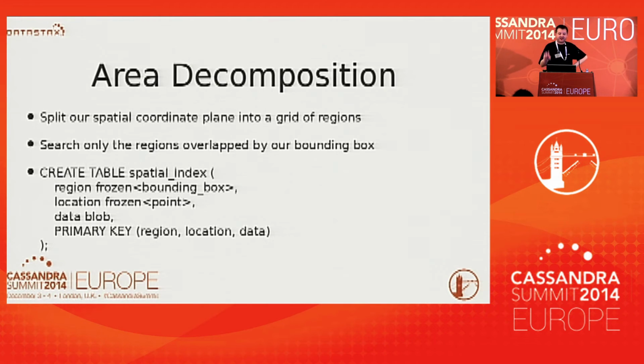So this is the fundamental building block. What we've got here is a distributed index, essentially. So any particular event is going to be assigned to a region according to where it happened, and that region in turn is a primary key, so it's assigned to some part of the Cassandra ring, a physical node in the ring.